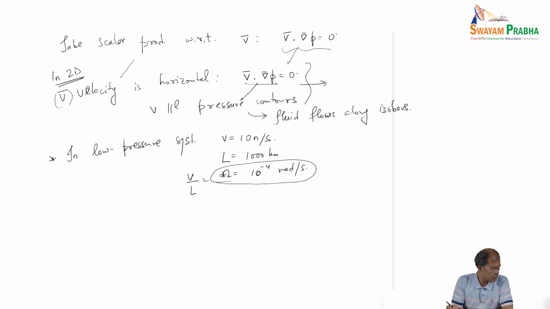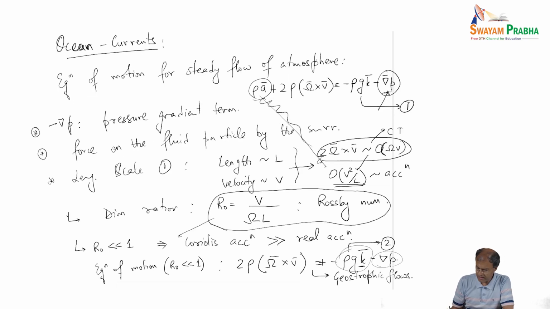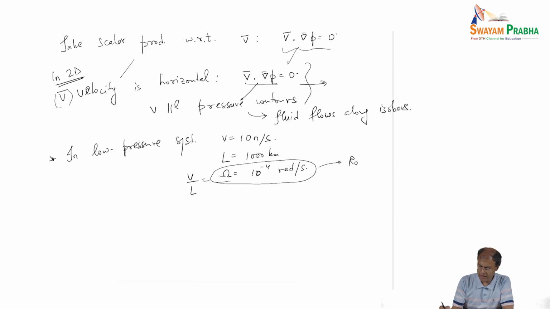In this case my Rossby number, being V by omega L, comes out to be roughly 0.1, and we call this a case of the geostrophic flows where the wind follows the isobars. So this is a low Rossby number case.